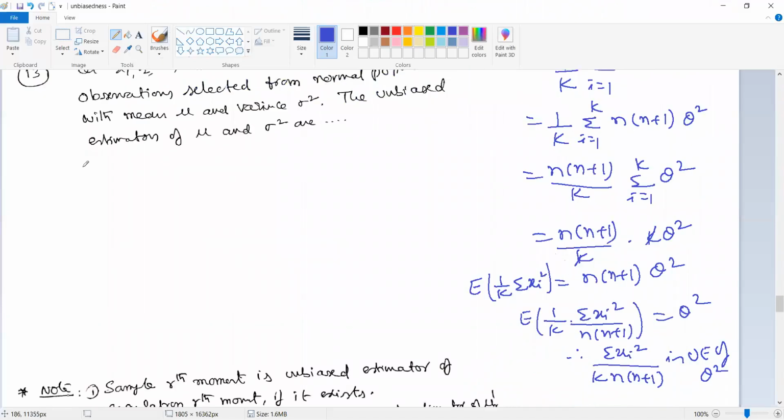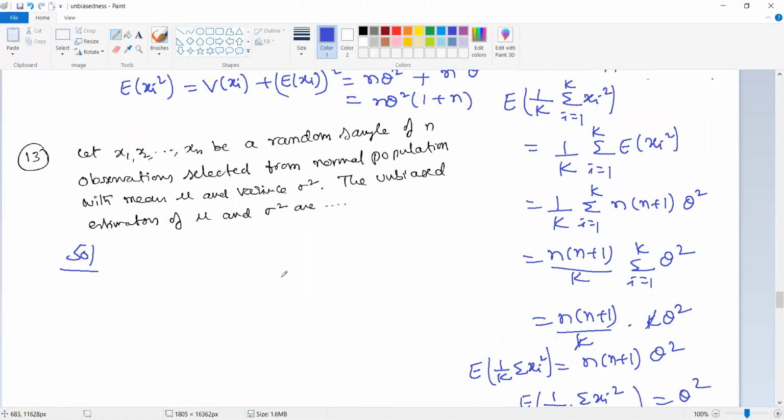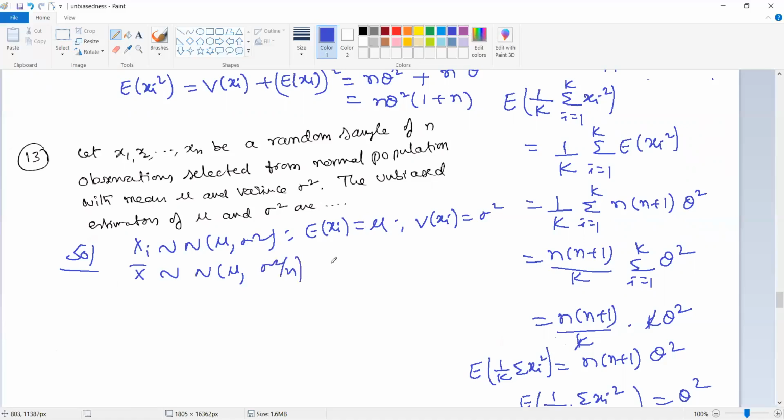Finally, here is another suitable, very important example, the normal distribution case. So now xi follows normal distribution with mu comma sigma square. E of xi is equal to mu, variance of xi is equal to sigma square. X bar follows N of mu comma sigma square by n.